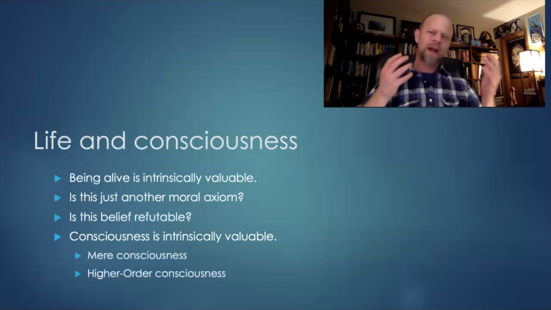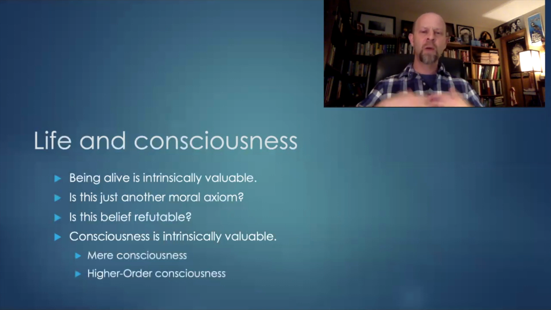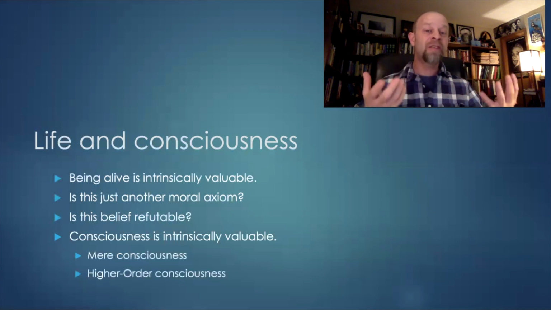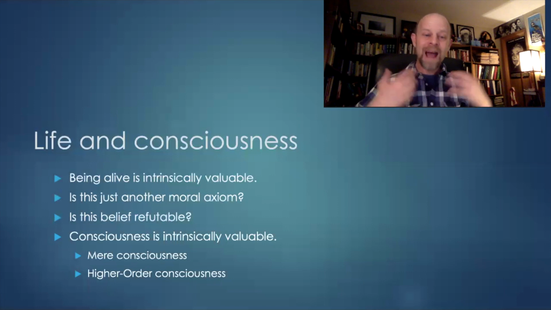Now, notice the kind of strategy that's involved in these questions. We started off by talking about giving an analysis of the principle of the sanctity of life, and it looked like no good analysis could come from that. Then we went into a discussion of giving an analysis of what we mean by death. It looked like we had problems giving an analysis of what's meant by death. And now we've gotten to consciousness, and we want to figure out what exactly we mean by consciousness.